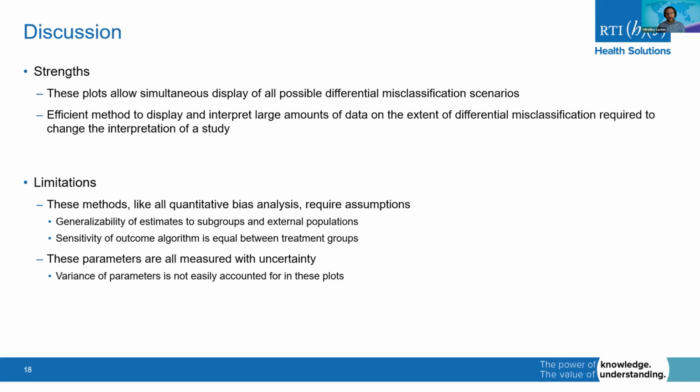But the variance of these estimates are not easily accounted for in these plots. We're using assumptions about the strength and the prevalence. However, the variance could be accounted for, for example, using the upper and lower 95% confidence intervals of the IRR or PPV estimates. You could use those to generate corrected IRR values also, but that's really difficult to summarize all of that information in this particular plot.